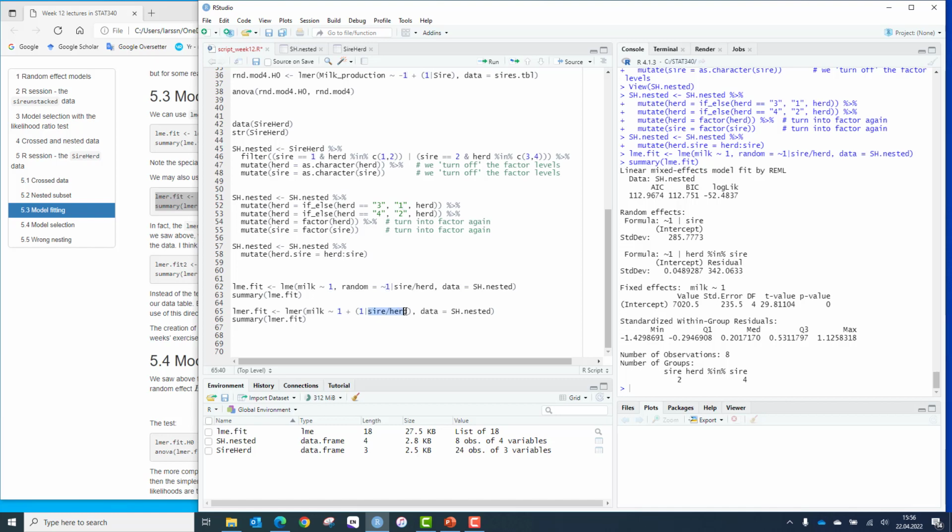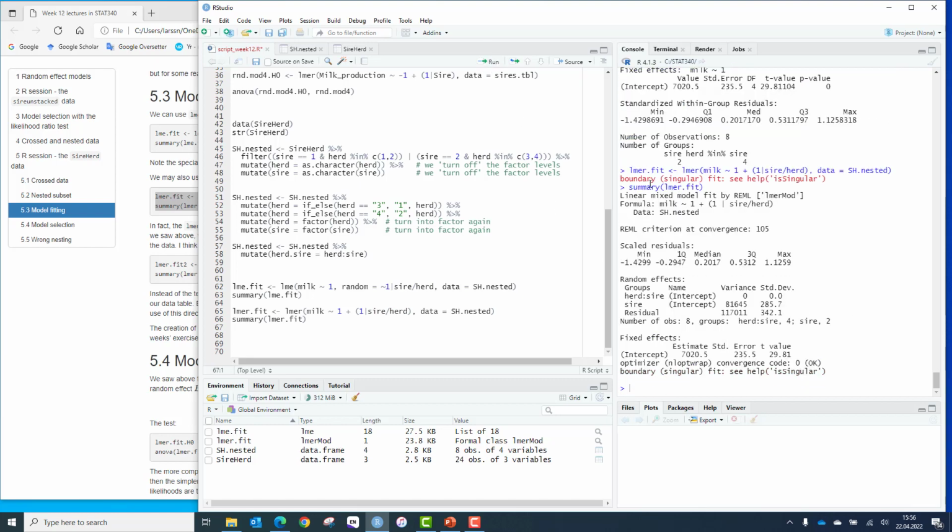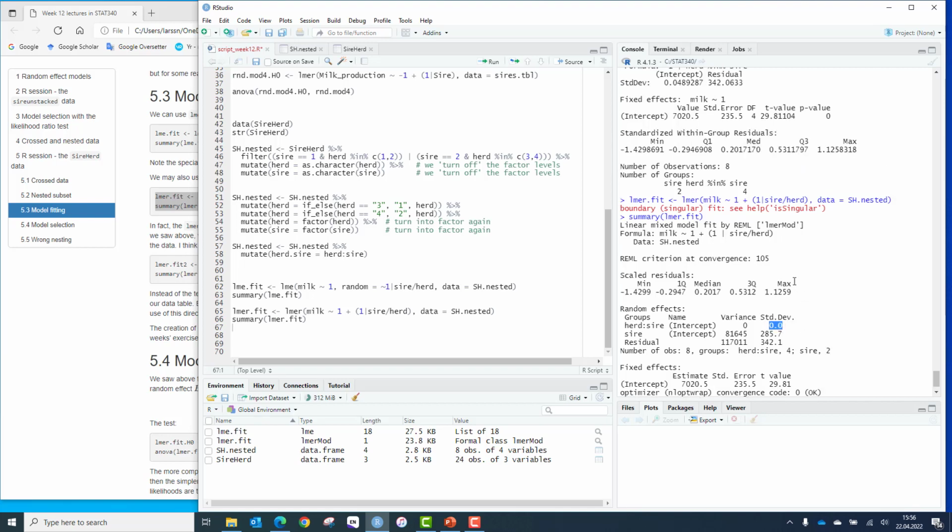And then you have the same notation for describing this nesting. So again, it's interpreted as first a random effect of only sire plus a random effect of herd nested in sire. So that's the same. And if we fit this one, you get a small warning here, and the reason for that is that now this standard deviation was actually estimated to 0.